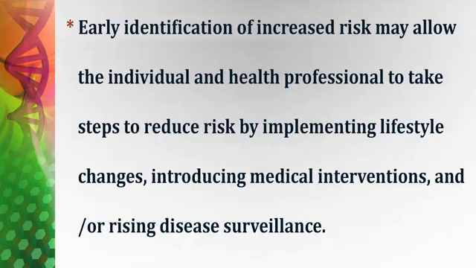Early identification of increased risk may allow the individuals and health professionals to take steps to reduce risk by implementing lifestyle changes, introducing medical interventions and or arranging disease surveillance. Therefore, a genetic disorder cannot be ruled out in the absence of a family history.